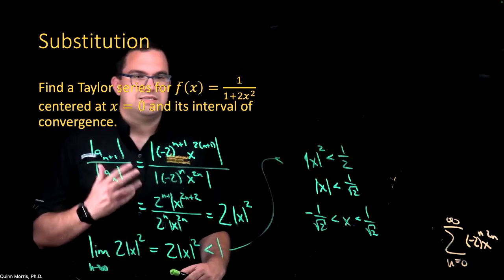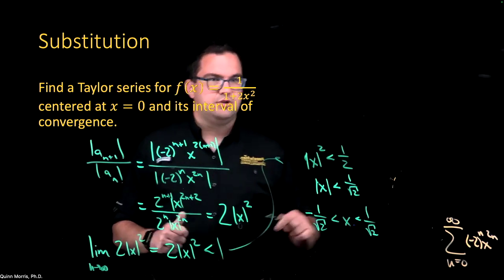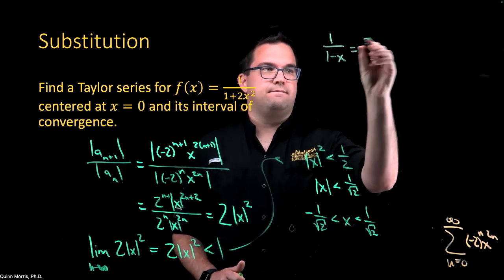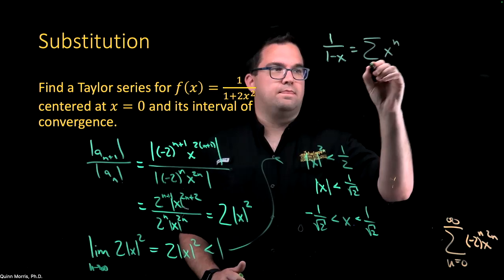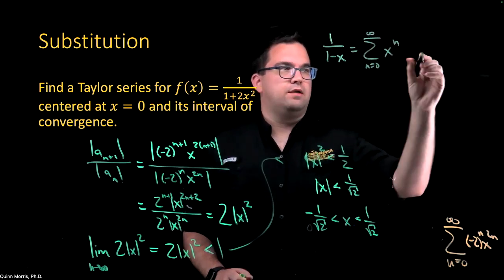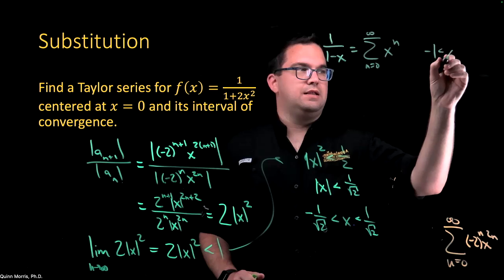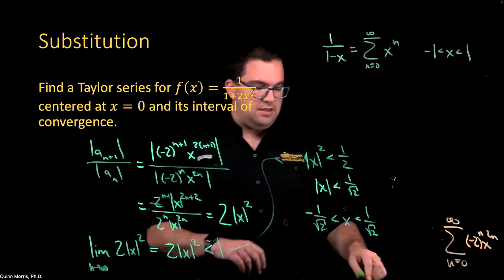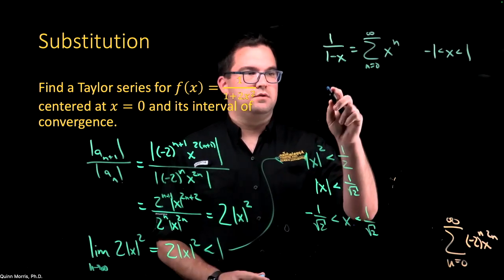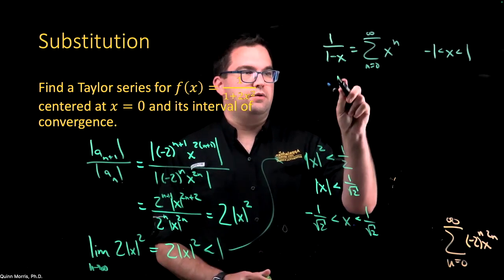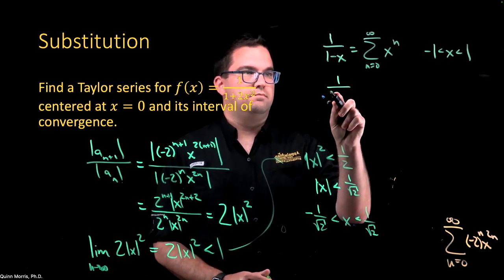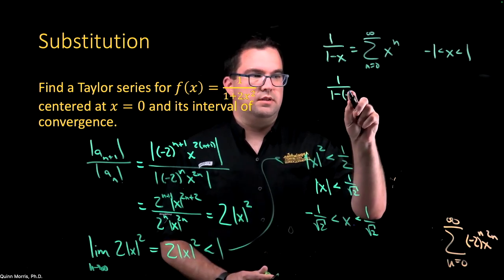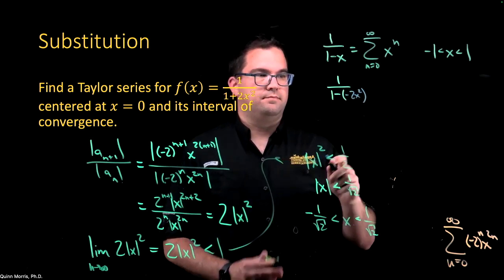Okay. But now let's say you didn't want to go all the way back and you wanted to use the fact that you know that this is valid for x values between -1 and 1. Well, when you make the substitution, you make a substitution, 1 over 1 minus, plug it in, minus 2x squared.